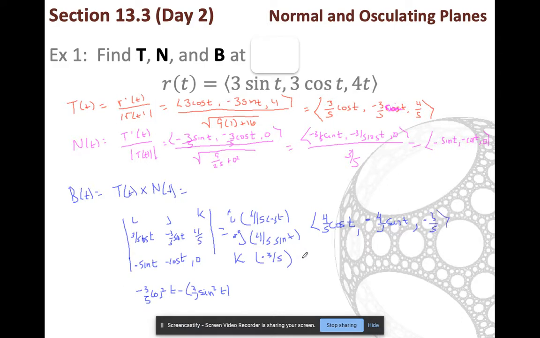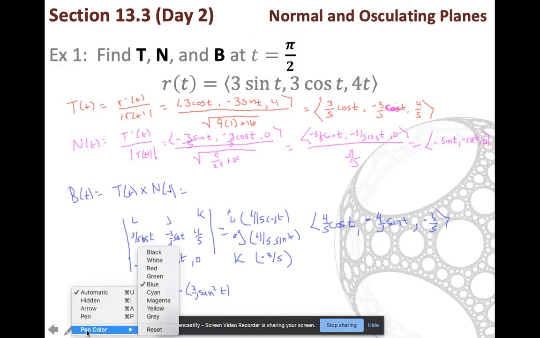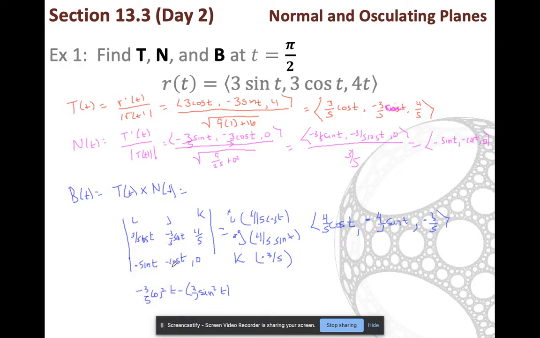All right. So there's our tangent, our normal, and our binormal. And now I want you to evaluate them all at pi over 2. Actually, let's do r of pi over 2. There's my position at pi over 2. My tangent vector at pi over 2.